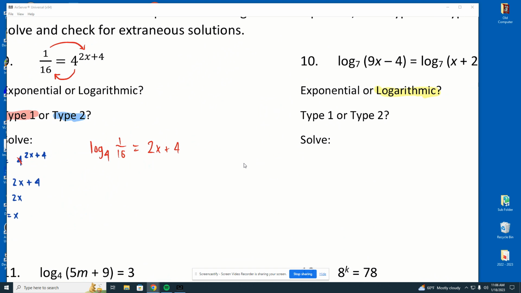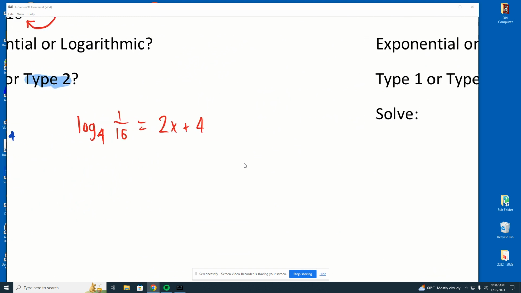How would you know how to solve that problem? Because there's 2 logs. There you go. So that's type 1. Type 1 says log equals log. Type 2 says log equals a number.